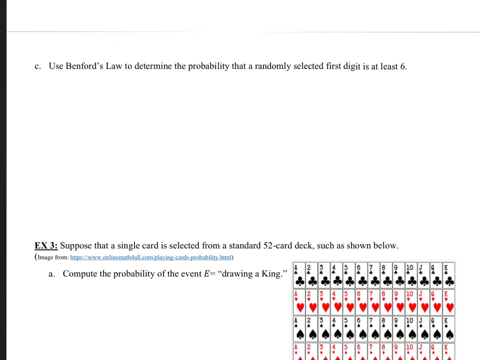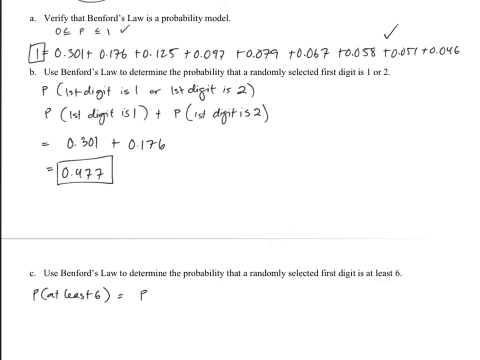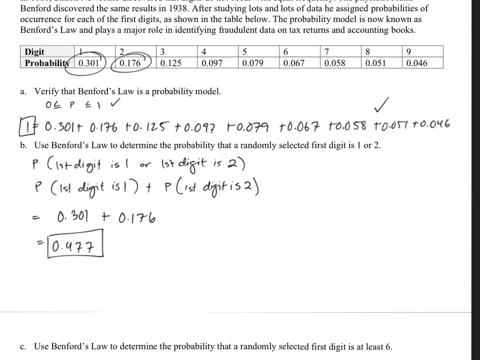Now let's use Benford's law to determine the probability that a randomly selected first digit is at least a 6. Ooh, here we have that phrase, at least. That means it needs to be greater than or equal to 6. So the probability of at least 6, let's see, what are the options we have? 6, 7, 8, and 9.